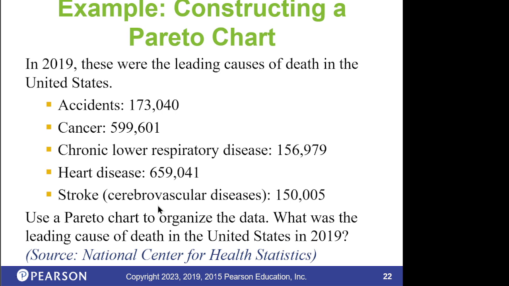So here, if we look at the leading cause of death in the United States, we see heart disease is the highest number, followed by cancer, followed by chronic lower respiratory disease, followed by accidents, then strokes.